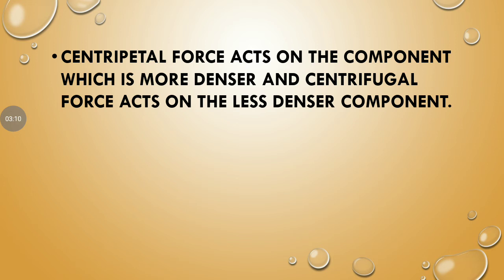So the denser component is thrown in the inward direction and the less dense component is thrown in the outward direction. And if centripetal force is acting on any component, then what happens? The component mainly settles down at the bottom, and if centrifugal force is acting, then the component is commonly present in the upper part.